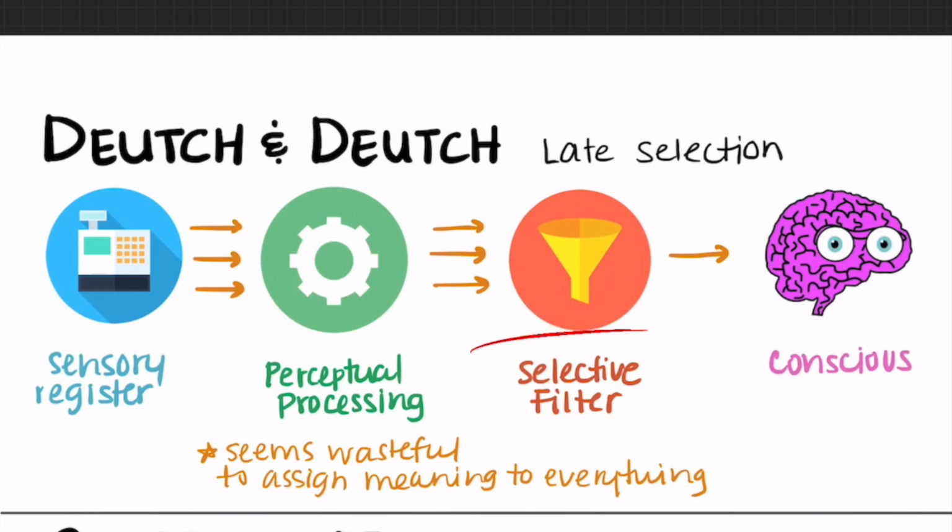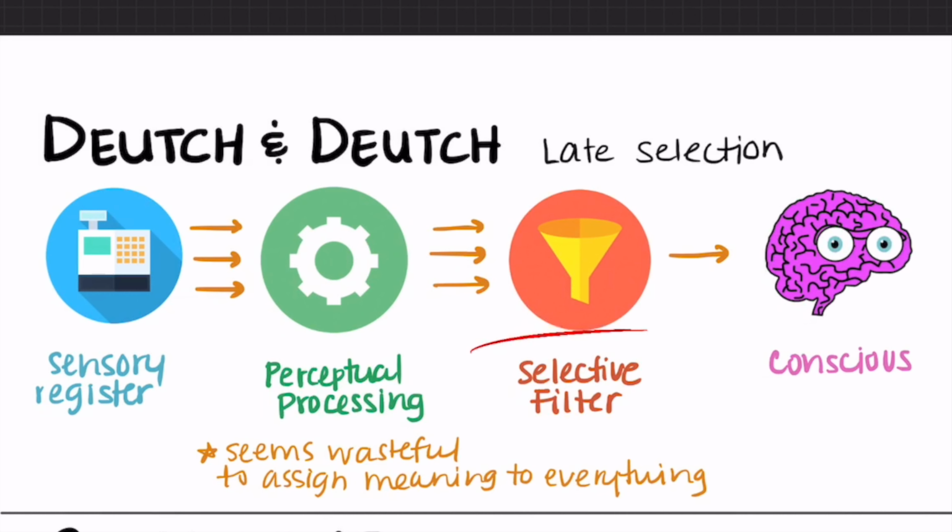In the chapter about perceptual processing, there are different theories about how our brain receives sensory information and processes it, and which ones it brings to our conscious awareness. The different theories have these little differences between them, so it's important to highlight the differences. So here, the Deutsch and Deutsch late selection theory.